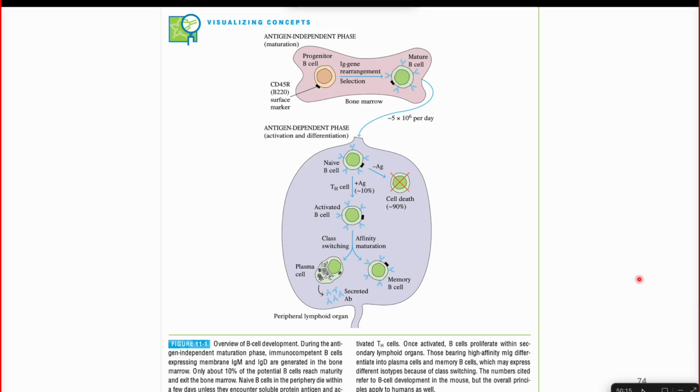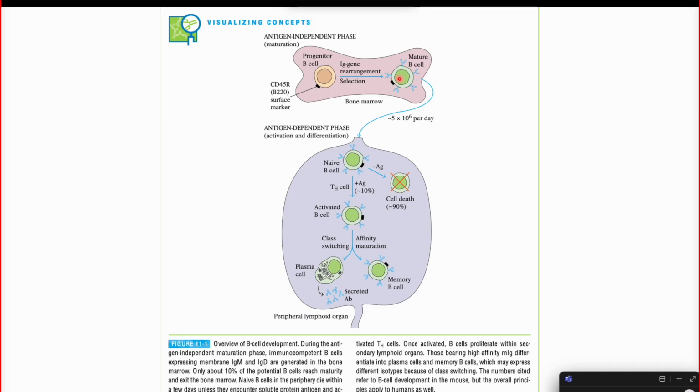So you can see very well that the development of B cells occurs in the bone marrow. There are two ways through which they can develop further: thymus dependent or thymus independent. Thymus dependent means they need T helper cells, and thymus independent means they do not need T helper cells and can be activated without their help.